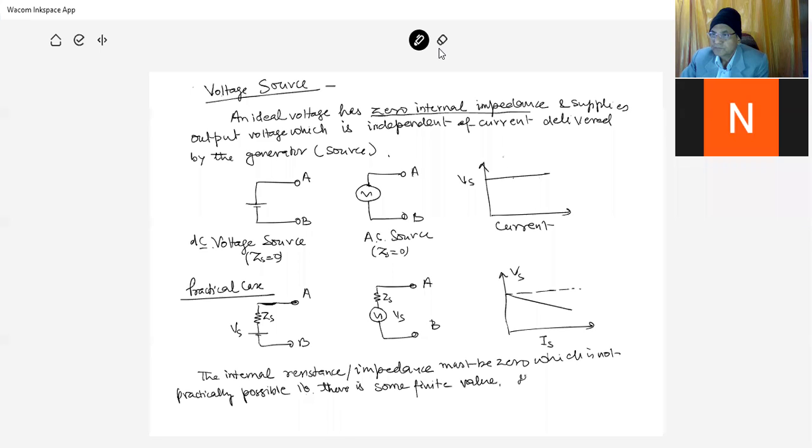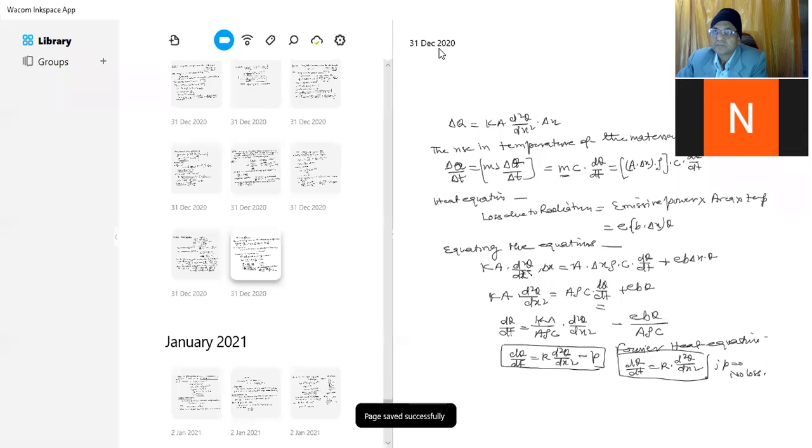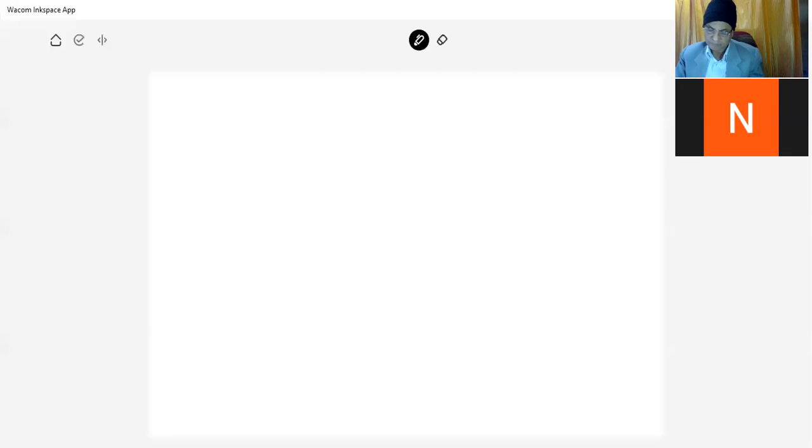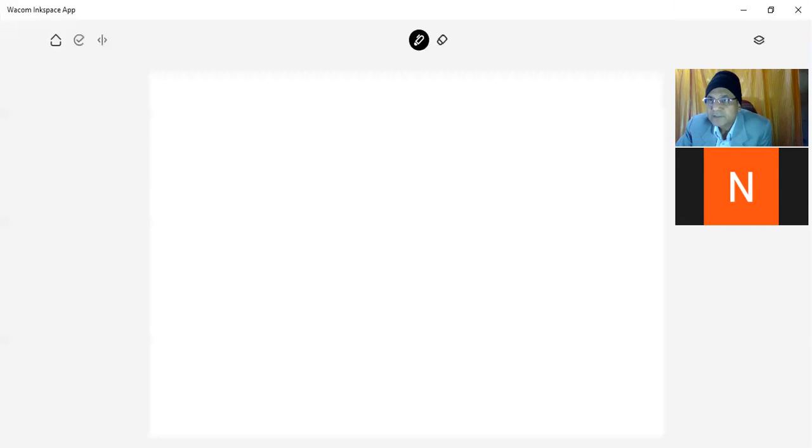If the load resistance ZL is connected, then what happens?